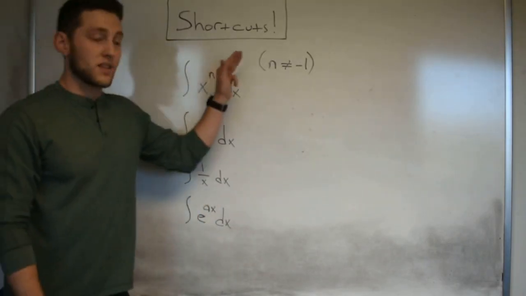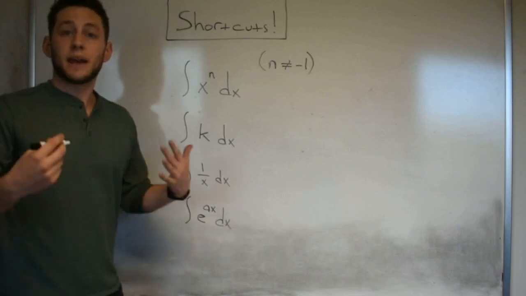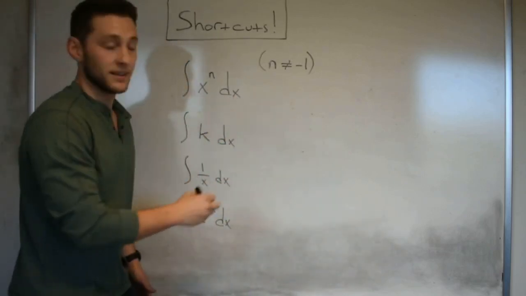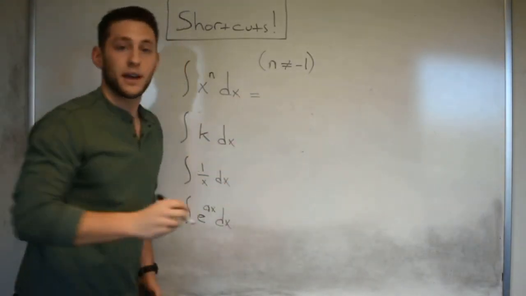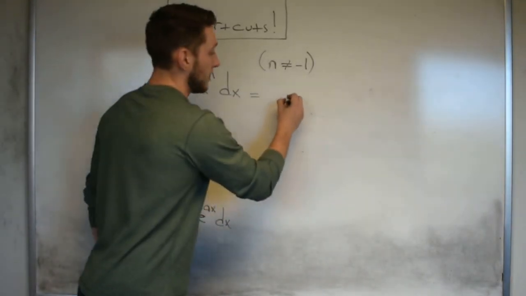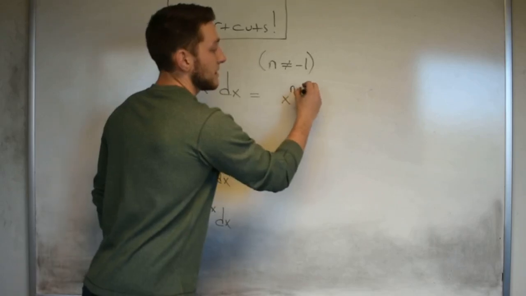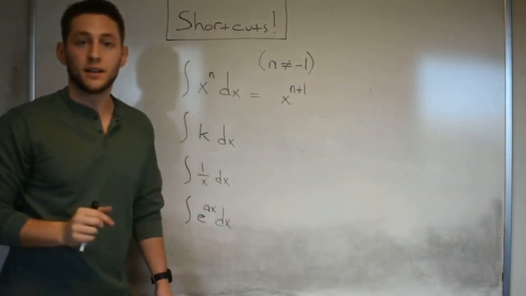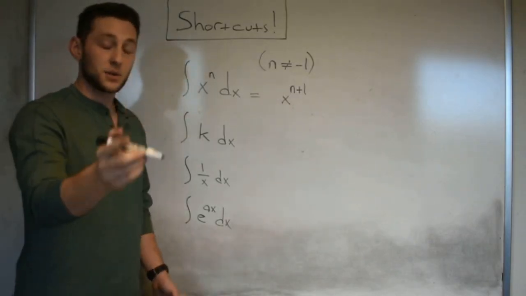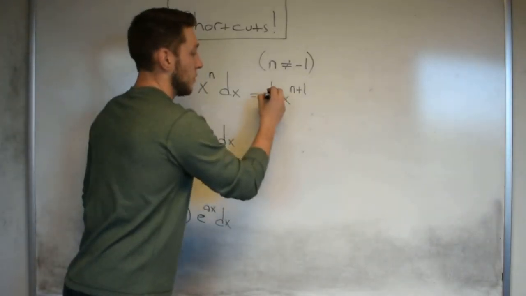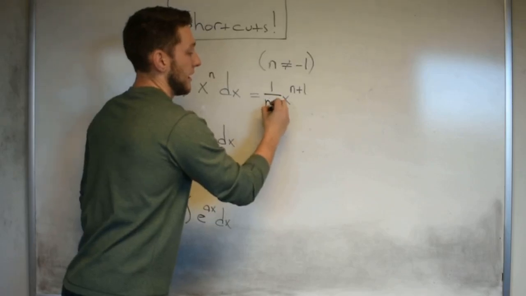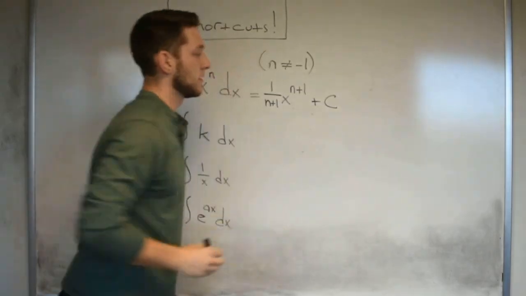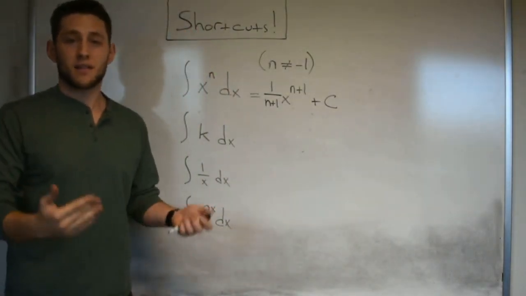Well, if I have x to some power of n, and I'm anti-deriving it, meaning I'm trying to find what I derived to get x to the n, it turns out that we're just going to have to add 1 to the power, so x to the n plus 1, but then we're going to have to adjust out front. Now the way we adjust, unlike deriving, is we're going to put it as 1 over n plus 1, and plus c as always.